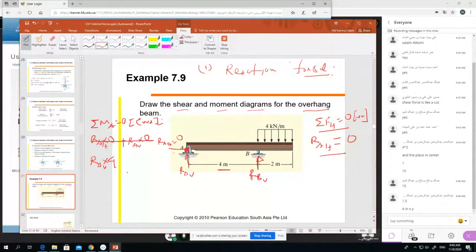Then what else do we have? We have this distributed force. The total force is 4 into 2, and this force will be working at the middle, at the center of gravity.